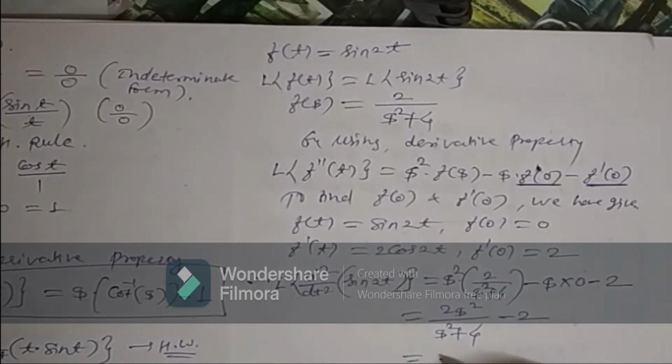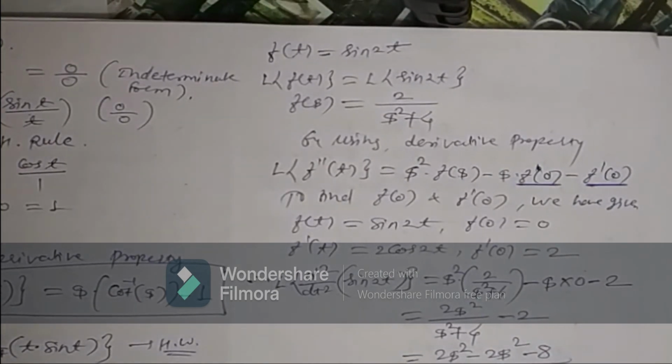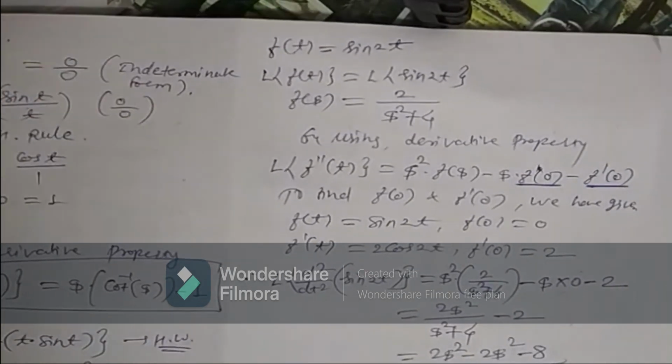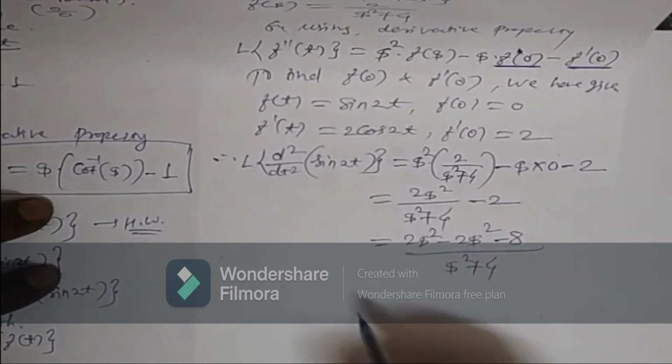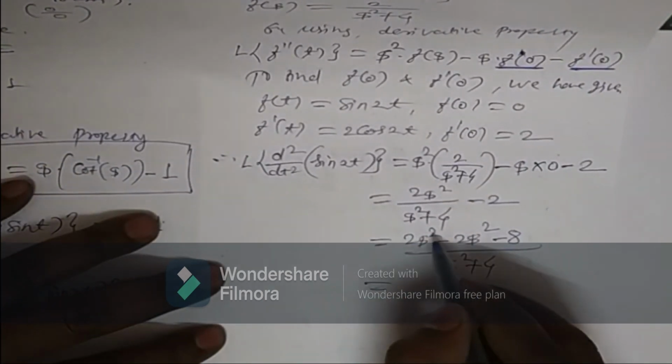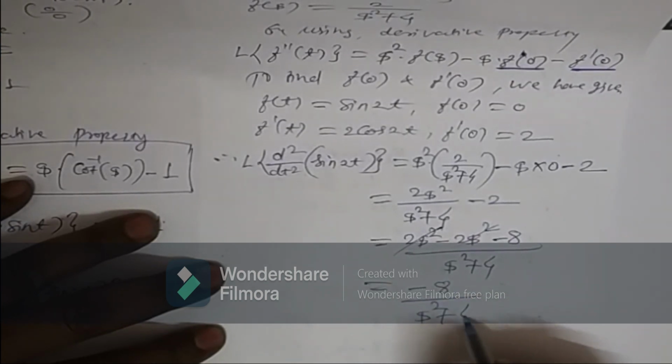If you cross multiply this, we get 2s square minus 2s square minus 2 into 4, that is 8, divided by s square plus 4. So the 2s square get cancelled, and we get minus 8 upon s square plus 4.